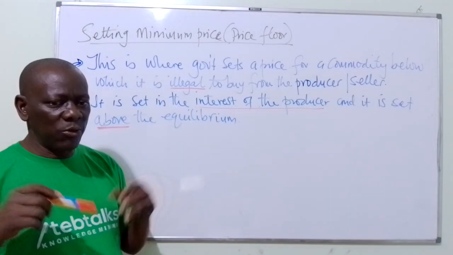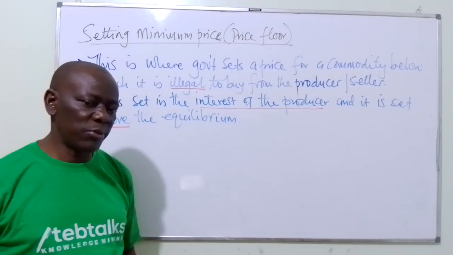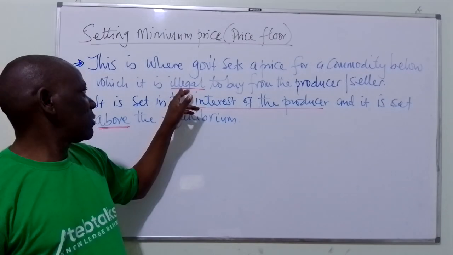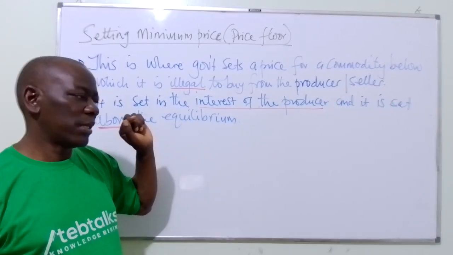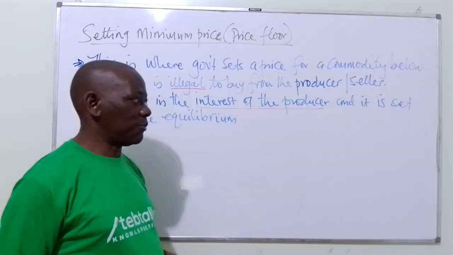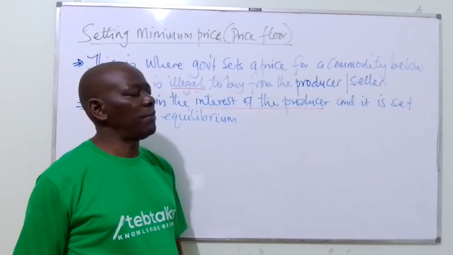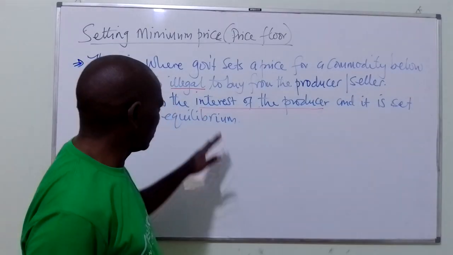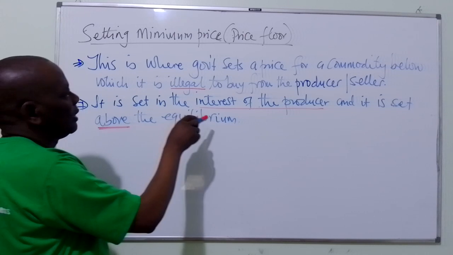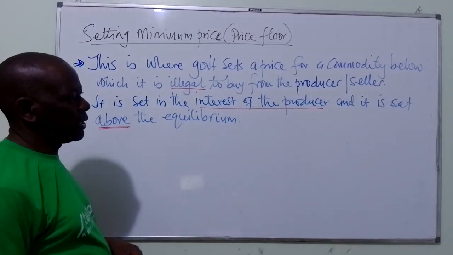Therefore, it becomes illegal, unacceptable legally to buy from the producer at a price which is below the set price. That is why you can't forget this word illegal. It becomes illegal to buy from the producer below that price, because you are at the floor. It has given you the minimum you should charge. You see, it is in the interest of the producer. But here we say it is in the interest of the producer, and it is set above the equilibrium.